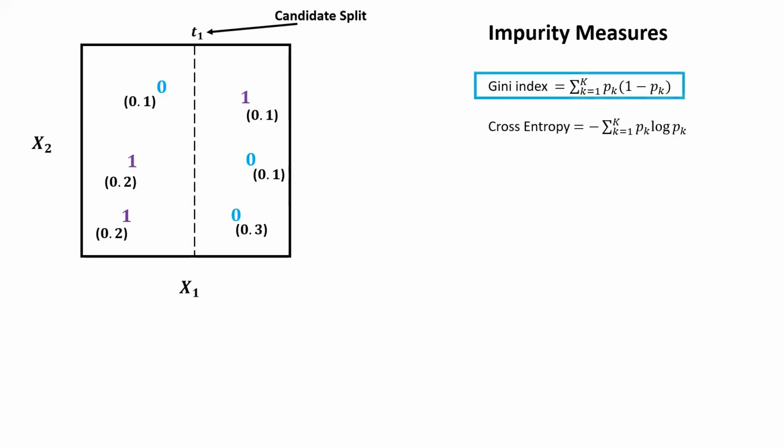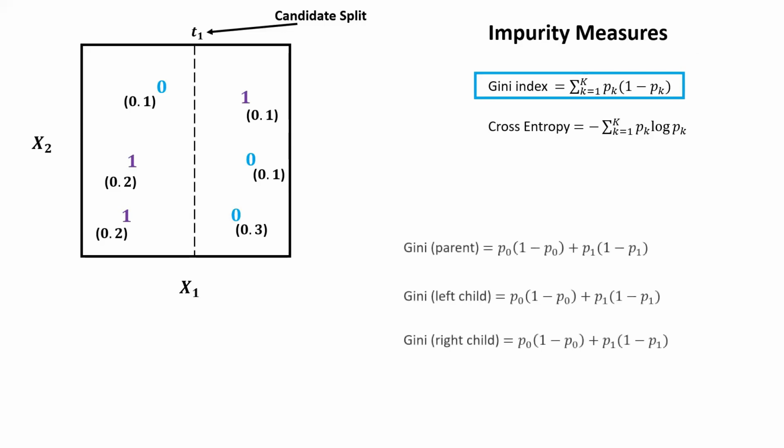We will be going over the Gini index for this example because it is the most popular measure used for tree growing. We can expand the sums for each class in the example and get the following equations. The Gini index for the parent uses all of the observations in the current node that we are trying to split.